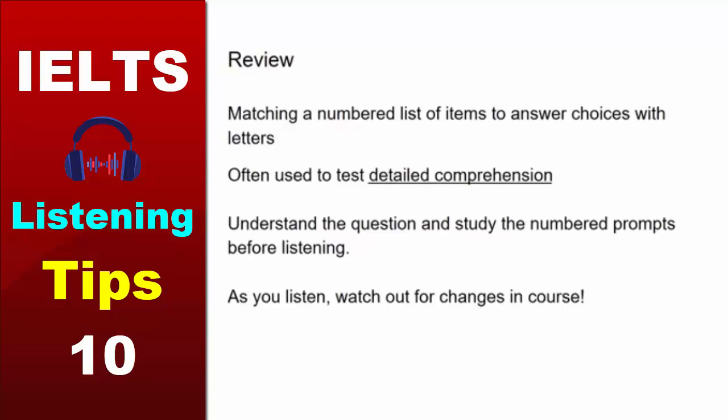Okay, and last piece of advice, just watch out. As with other question types, especially multiple choice, and matching is the same, speakers may change their mind about certain things. So you just need to keep an open mind and be expecting that sometimes speakers will change course. Okay, so those are matching questions for the IELTS listening paper.